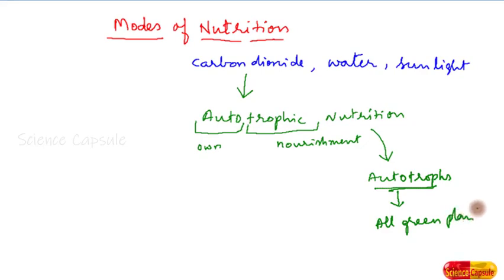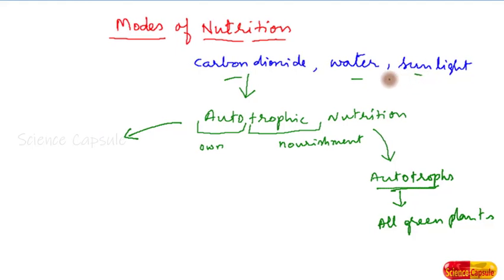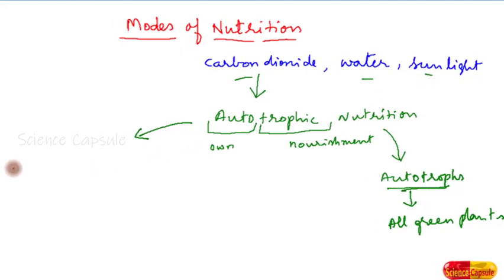So in autotrophs, all green plants come under autotrophs. On the other hand, there are living organisms which are not capable of making their own food by making use of simple substances, as we have seen, carbon dioxide, water and sunlight. Such a type of nutrition process is called heterotrophic.